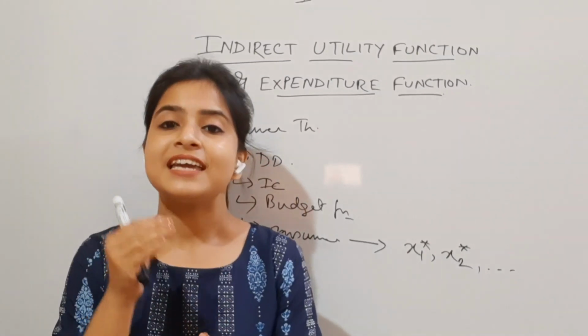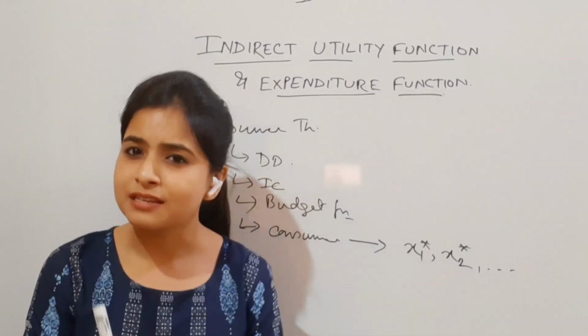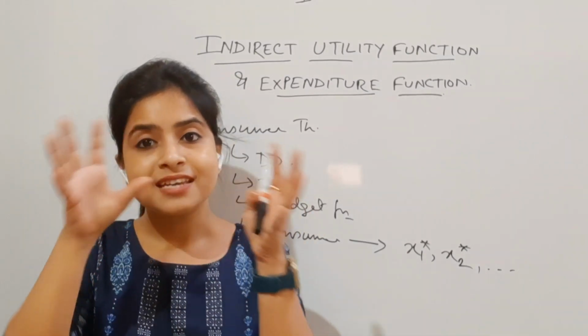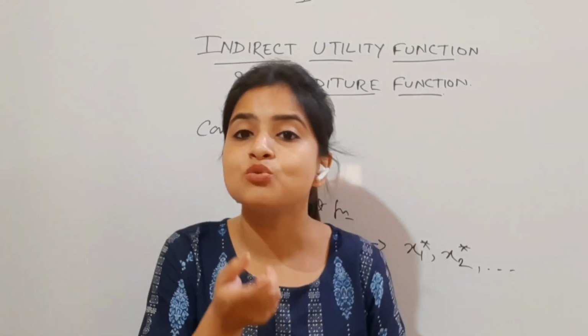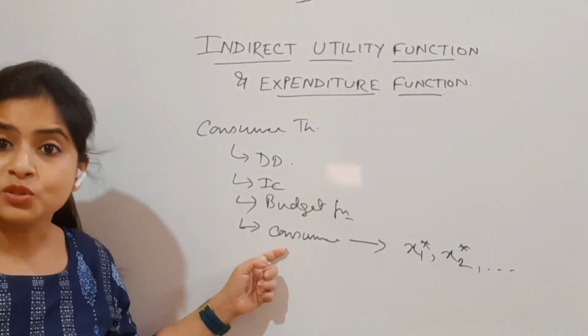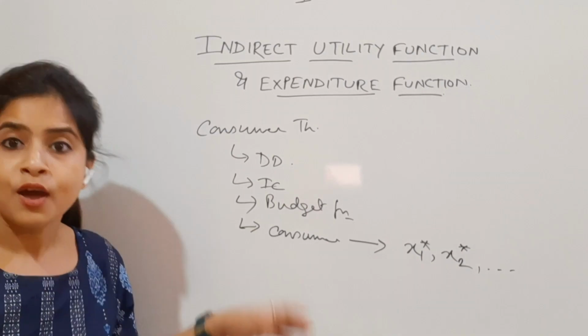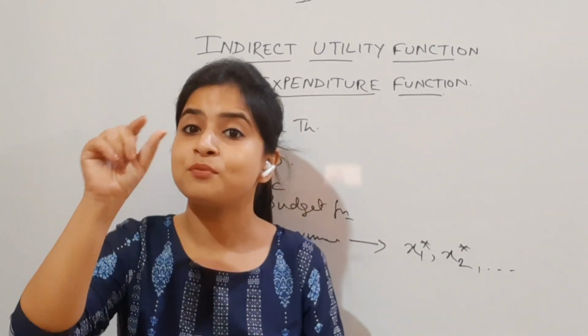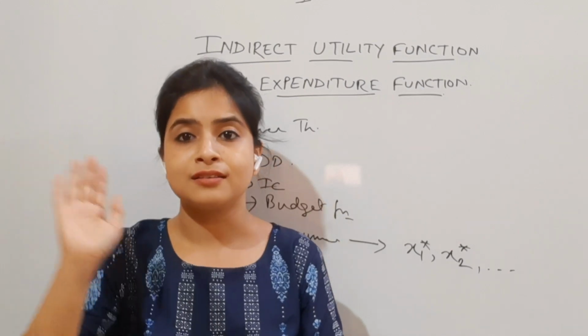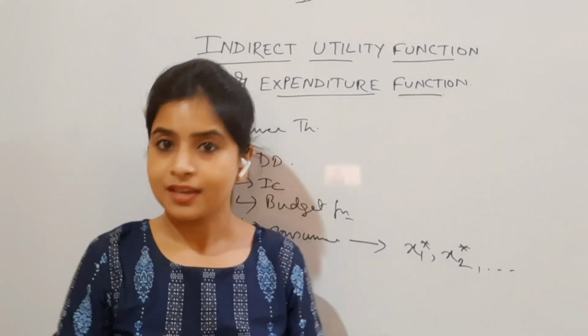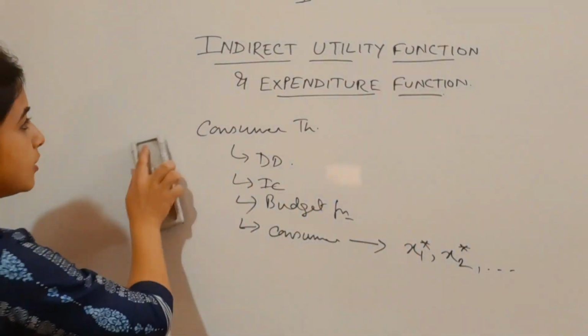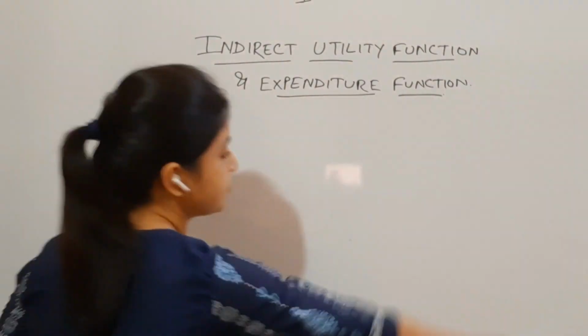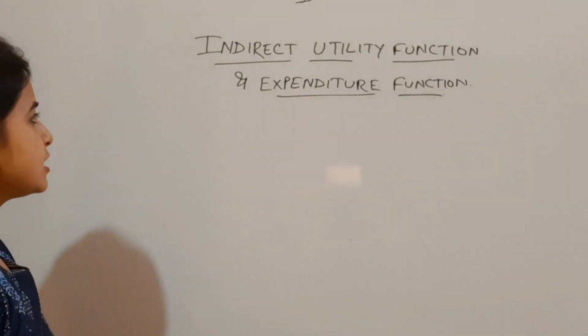Alright, so coming to the indirect utility function. The indirect utility function basically means the maximum utility the consumers can gain by spending the income they have, given the prices of the commodities. This is very easy to remember.